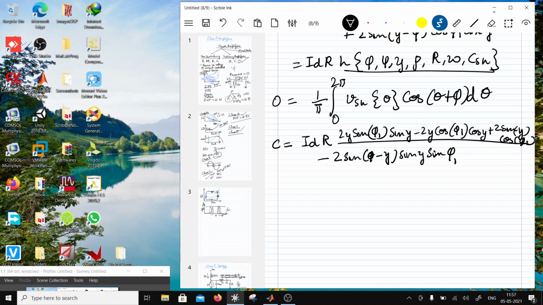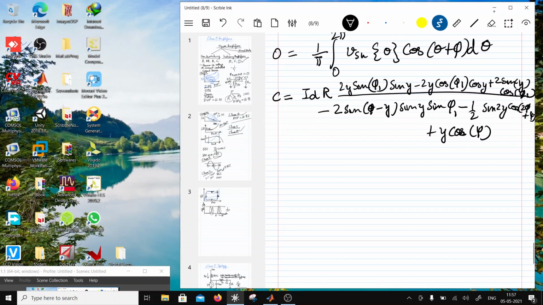You can simplify this: minus half sine of twice y cos of twice phi plus xi, plus y cos of xi.